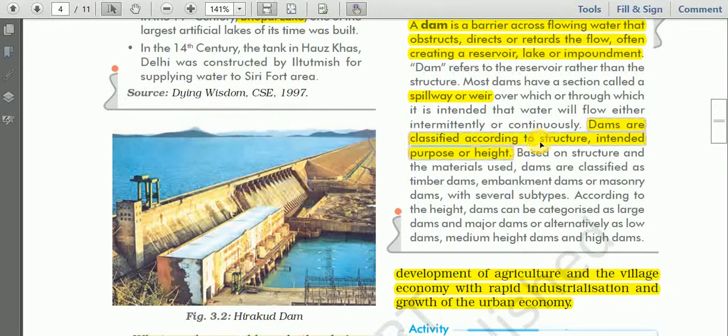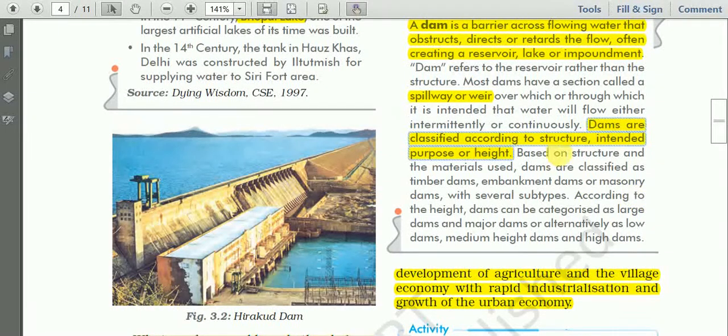Dams are classified according to structure, then intended purpose, meaning for what purpose the dam has been constructed, or height. On this basis dams are classified.